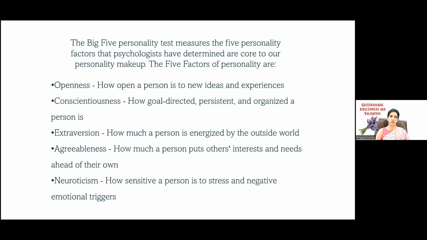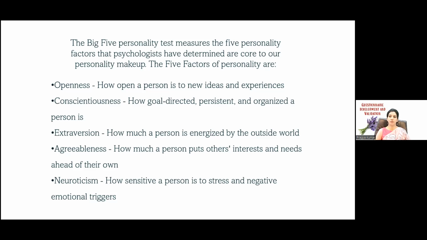The second is conscientiousness, which is how goal directed or persistent and organized a person is. The third is extraversion. What is extraversion? How much a person is energized by the outside world. The fourth is agreeableness. How much a person puts others' interests and needs ahead of their own. And the last is neuroticism. How sensitive a person is to stress and negative emotional triggers.